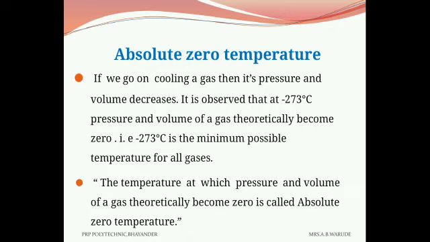Therefore this is the minimum possible temperature for all gases, and this temperature is known as absolute zero temperature. So we define absolute zero temperature as the temperature at which pressure and volume of a gas theoretically become zero.